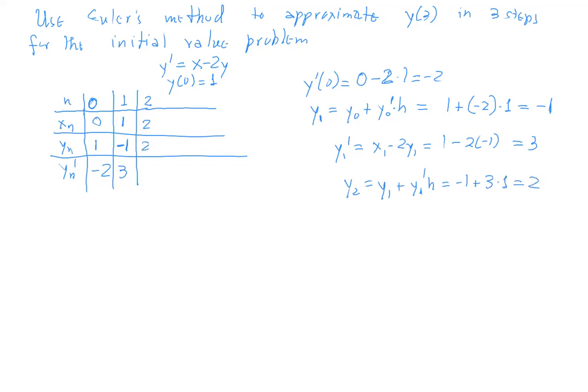So this is 2. And how much is y2 prime? y2 prime will be x2 minus 2y2, which is 2 minus 2 times 2, which is negative 2. So this will be negative 2.